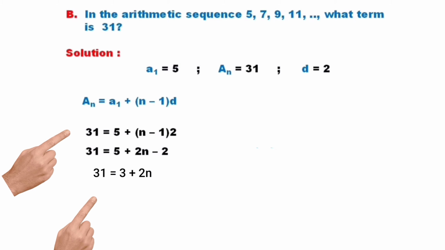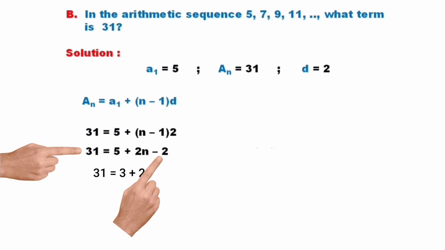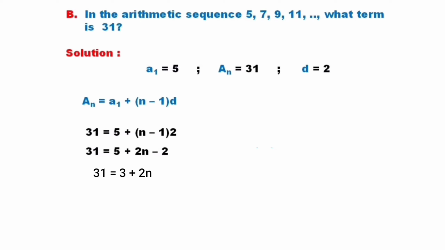Next, 31 equal 5 minus 2 plus 2n. So, we have 31 equal 3 plus 2n. Next step, we have to subtract both sides by 3. So, we have 31 minus 3 equal 3 minus 3 plus 2n.